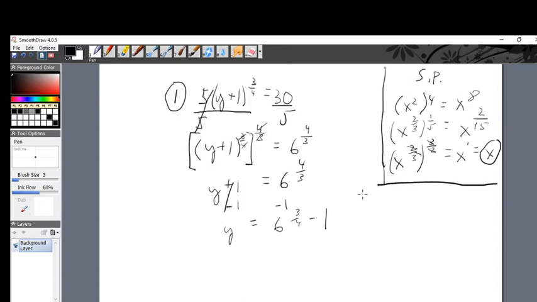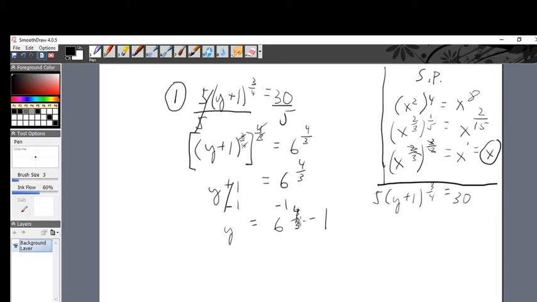So let me rewrite the equation. It says 5 times y plus 1 to the 3/4 power equals 30. That's what it says. What did I just do? That's 4/3, right? I miswrote that. 4/3, and this is 4/3. I apologize. 4/3.